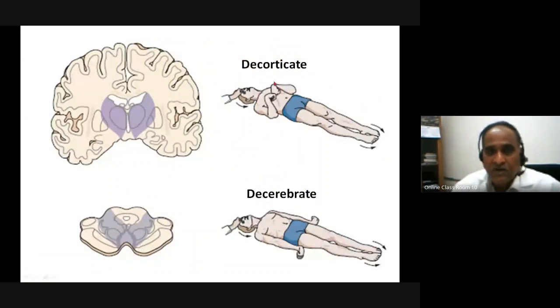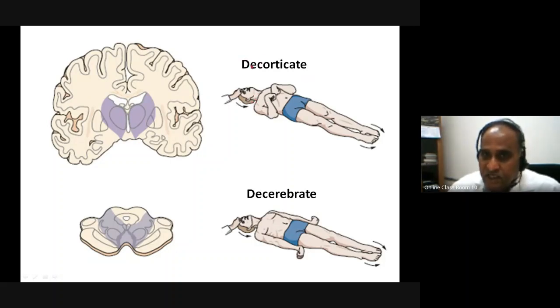Now this is the decorticate. You can see that this is the intercapsular lesion here, and in this lesion you can see a decorticate preparation. The upper limbs are flexed, the lower limbs extend. There is some amount of dorsiflexion of the neck, the opisthotonus position.